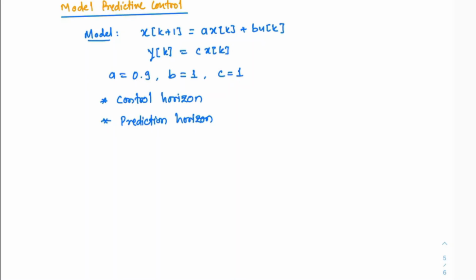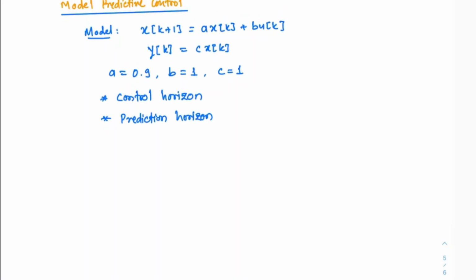You will be projecting into the future using the model. The time up to which you are going to predict is called the prediction horizon, and the time up to which you will be looking ahead to reach that predicted value is called the control horizon. So let us pick our control horizon NC to be 2 and NP to be 3.